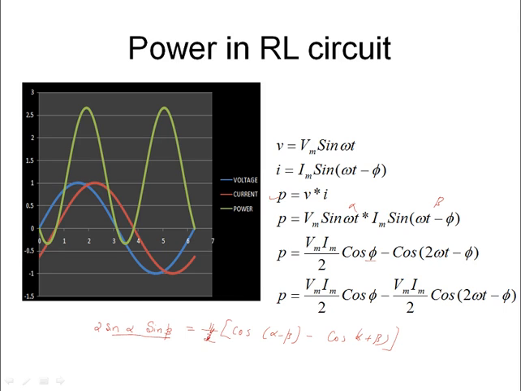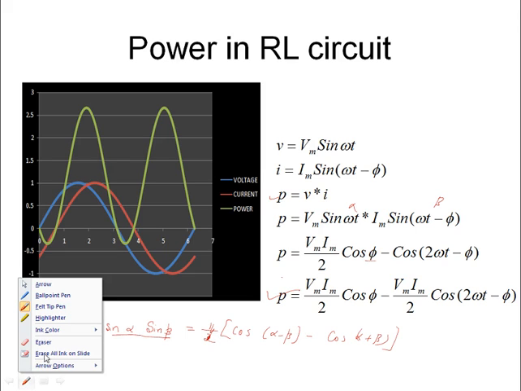There is no division by 2 here, it's actually 2 times. So P equals Vm Im by 2 cos phi, this is the final equation, minus Vm Im by 2 cos (2 omega t minus phi). That will be the power equation I have to use.